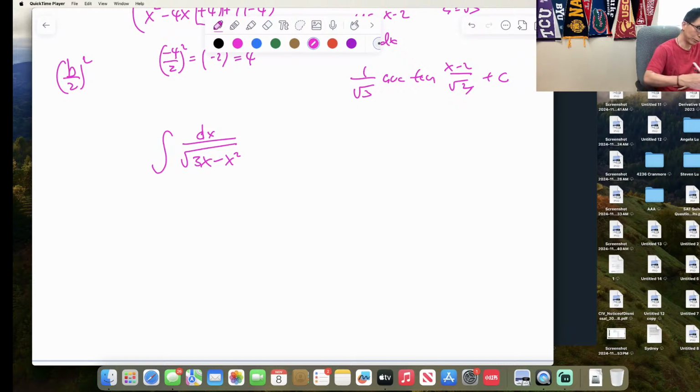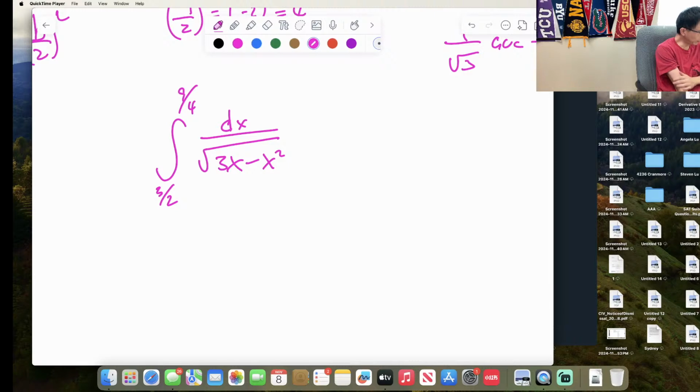And if you want more fun, we can put a boundary on there. I think that's more fun. 9 over 4, 3 over 2 on the bottom. So this one's harder.